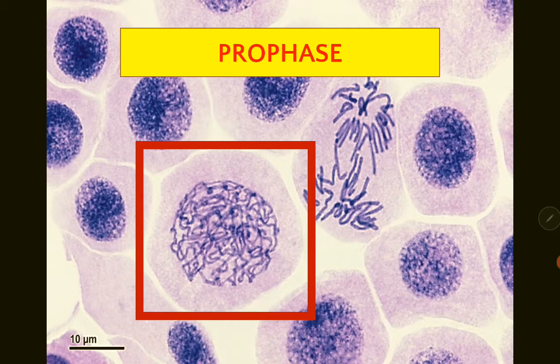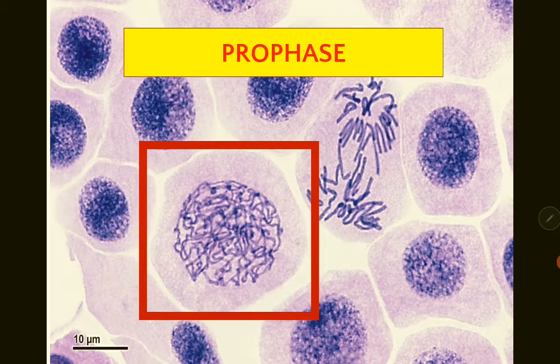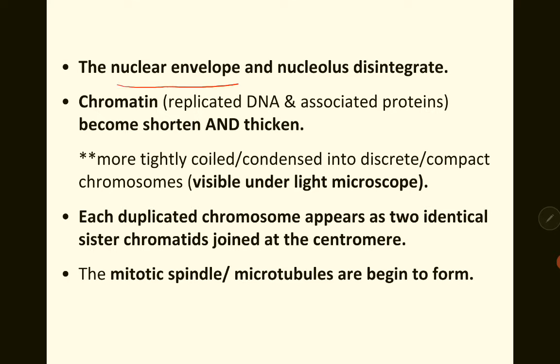Now let's see the detail of prophase. This is the diagram of prophase under the microscope. During prophase, the nuclear envelope and the nucleolus will disintegrate.